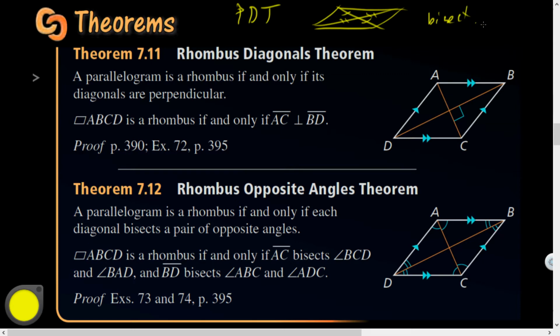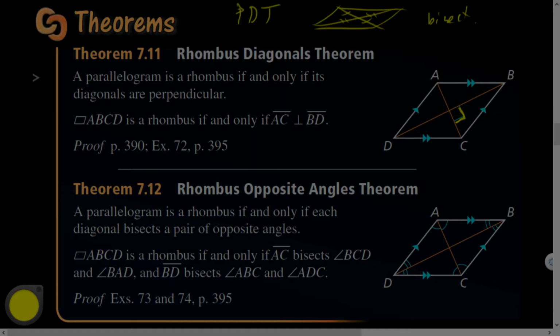In a rhombus, this is claiming that a parallelogram is a rhombus if and only if its diagonals are perpendicular. That's intriguing. And it turns out that the diagonals of a rhombus are angle bisectors for the angles whose vertices they connect. That's cool stuff.